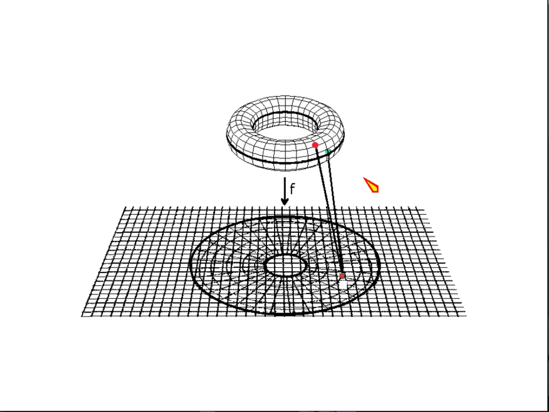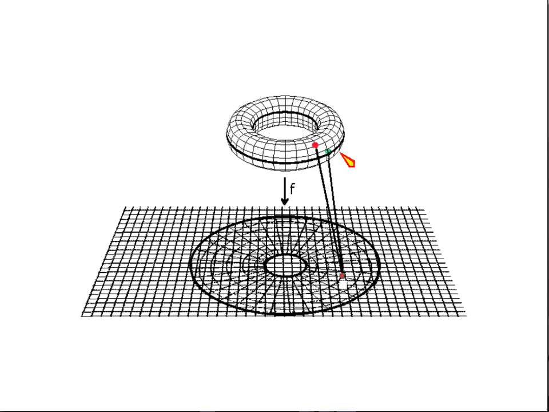How can I take this intuitive idea into mathematical things? It's easy. If I look at what happens to the tangent plane here, it goes to a tangent plane here. But if I take the tangent plane here, it goes to a tangent line there. Okay, it reduces its dimension.